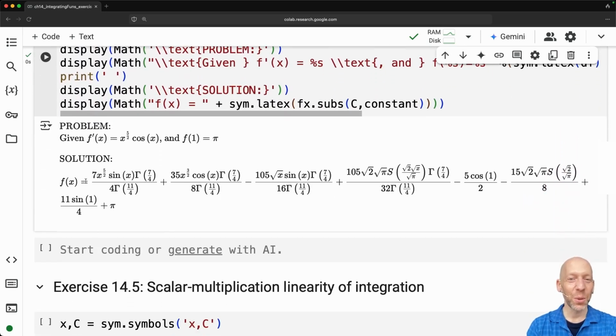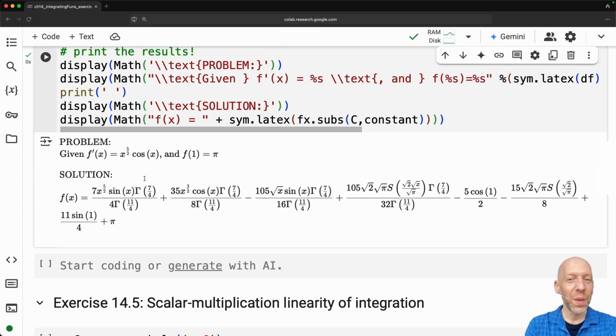We do get a solution, and it's this really, really long sequence of terms. Quite complicated. If you are curious, I definitely encourage you to explore this function. You can numerically evaluate it for lots of different values of x and make a plot of it. That would be great, but I'm going to consider this a successful completion of this exercise.